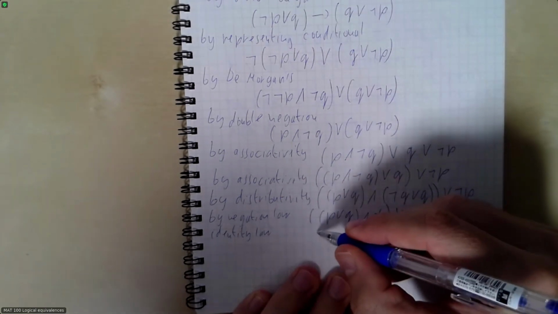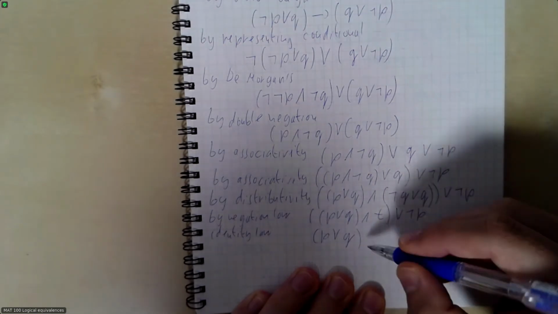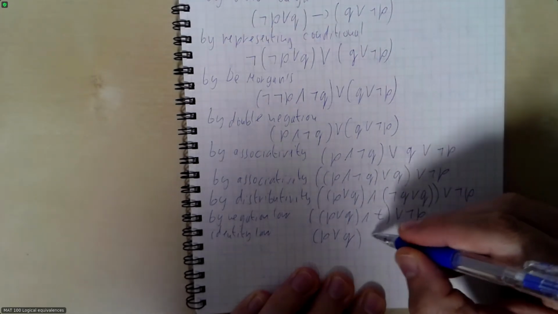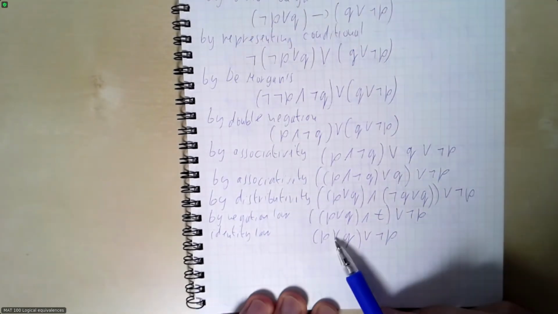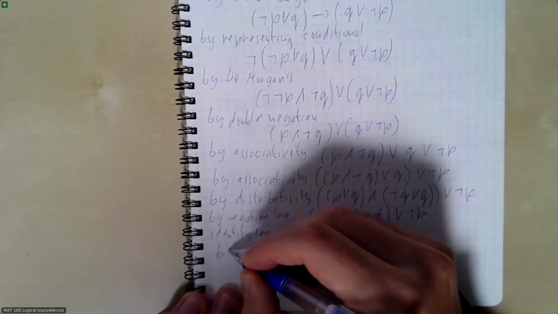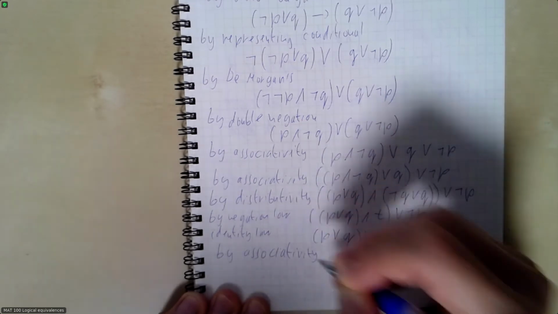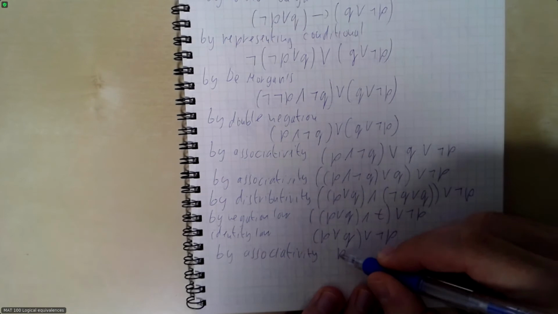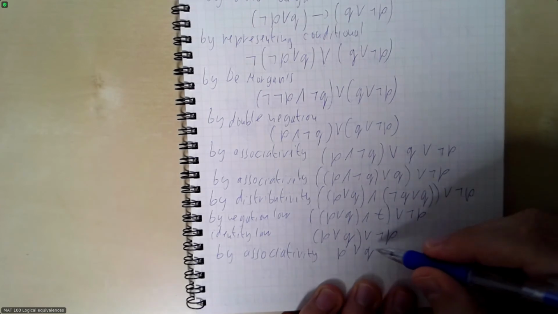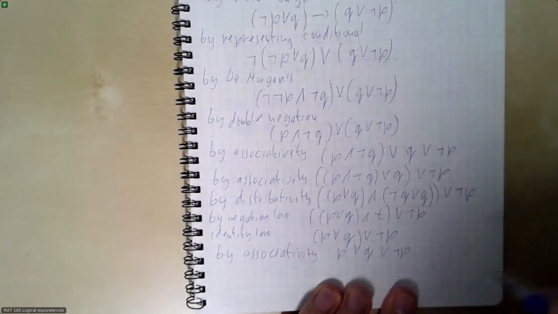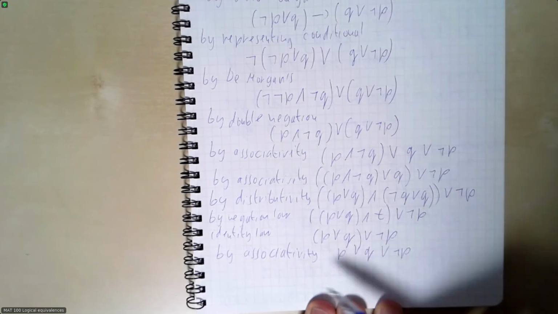Okay, so that will be P or Q, or not P. However, it's OR, so by associativity, it's a long word, I can say that it's P or Q, or not P. Oh, we see that P and not P are the same expression there.